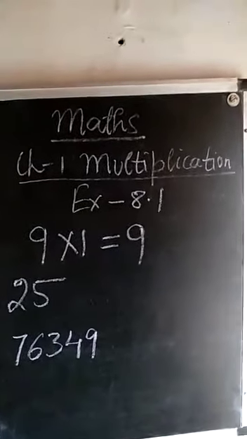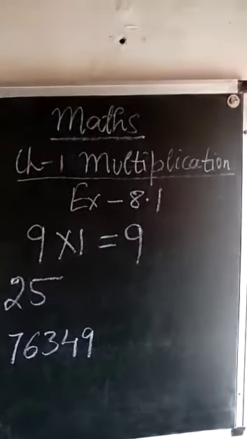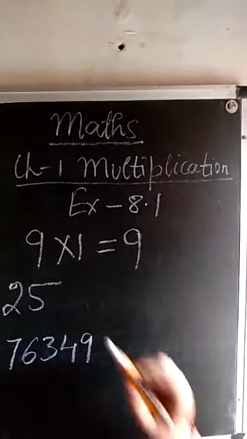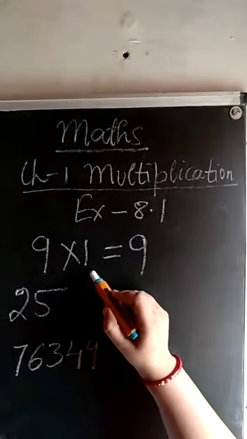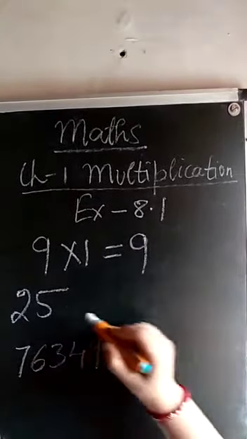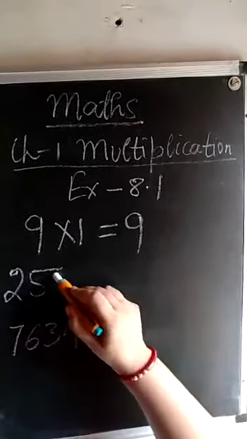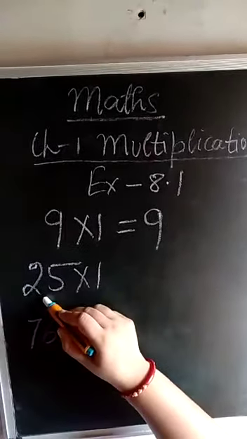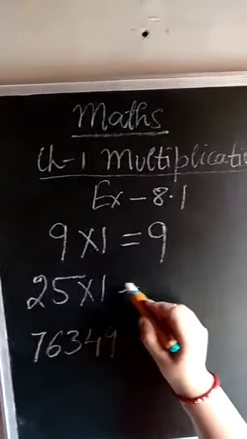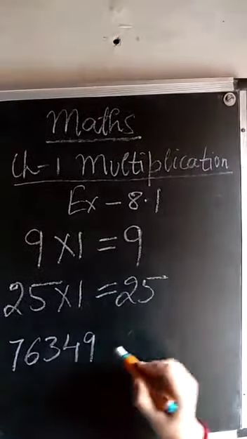That is the property of multiplication. Easily we can say that 9 into 1 is equal to 9. Similarly, when we multiply 25 by 1, the answer will be 25.